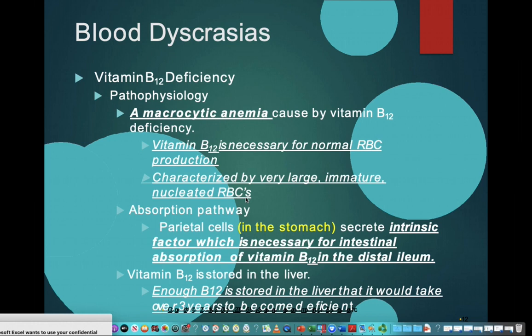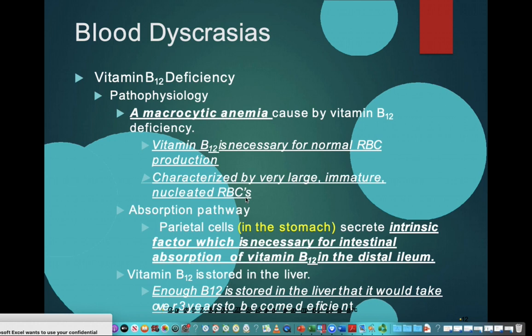They produce intrinsic factor, and they also produce hydrochloric acid, or HCl, and that's important to know. So the parietal cells secrete IF, or intrinsic factor, and that is necessary for the intestinal absorption of B12, which takes place at the distal ileum.